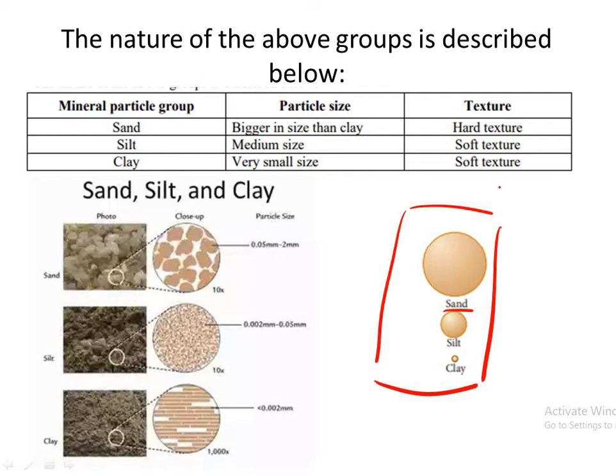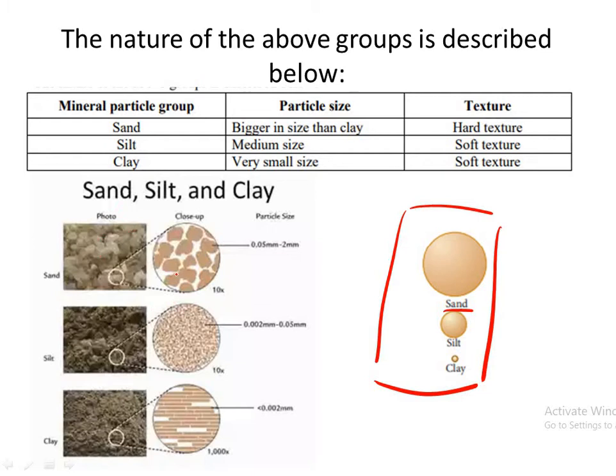Sand has a very hard texture. Silt is medium in size because it's smaller than sand but bigger than clay. It's quite soft. Then clay, the smallest particle, is also very soft.